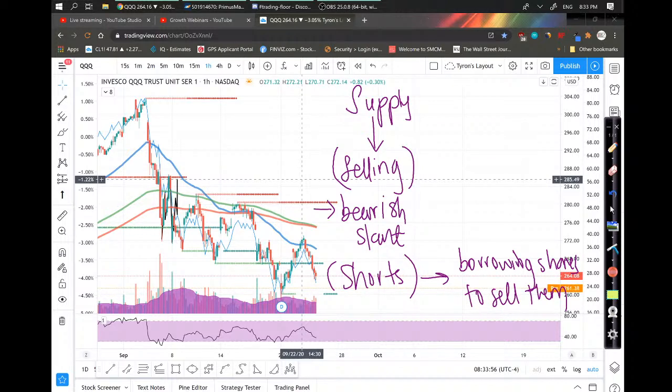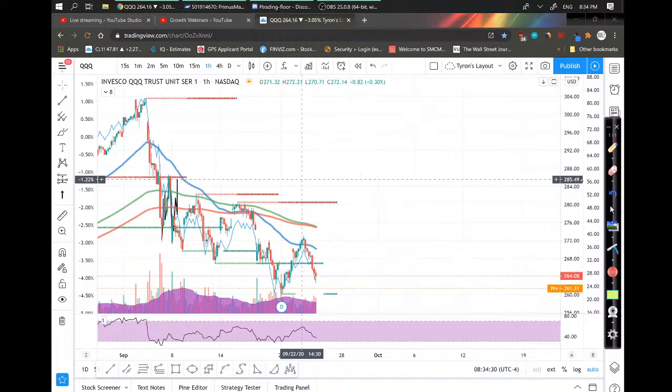If I were to short the market here, what I'm actually doing is borrowing a bunch of shares from another trader in the market, and when the price of those shares drops, I buy them back at a lower price. The difference between these 2 prices is what I get to keep in profit. That is what we call a supply and then a buying back of that supply, okay? So there are many different ways that you can think about shorting.